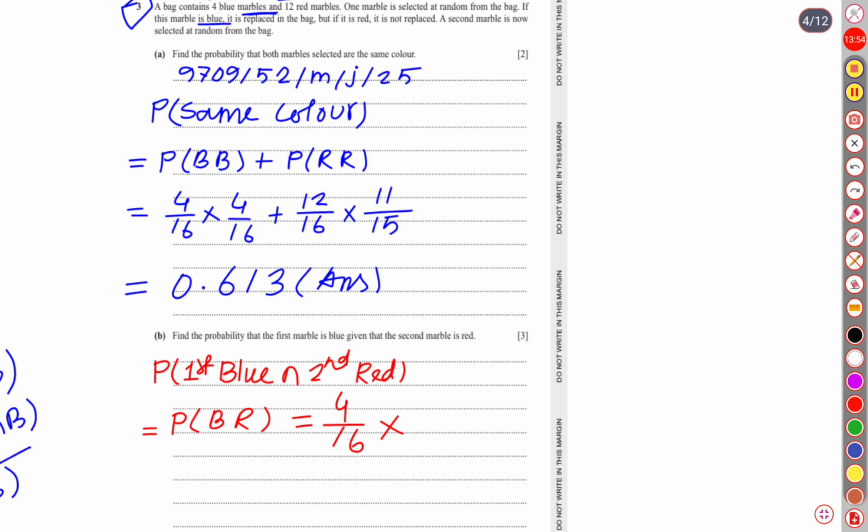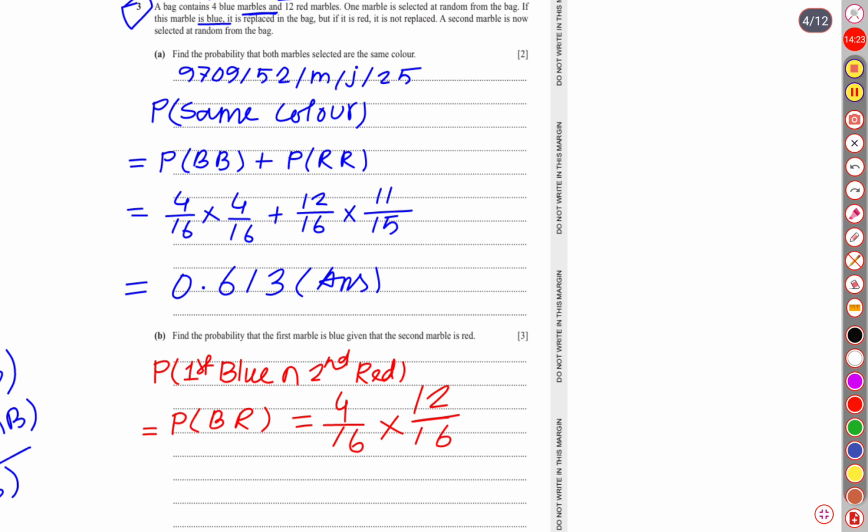For second one it is going to be 12 over 16, because if the blue marble is picked up then it is replaced again, so total number will remain same, and there were 12 red marbles, that's why it will remain as it is.